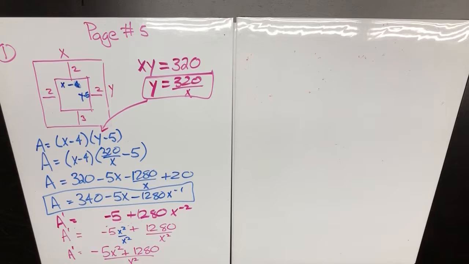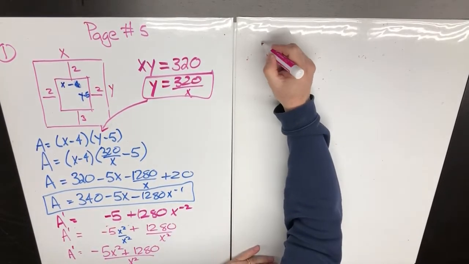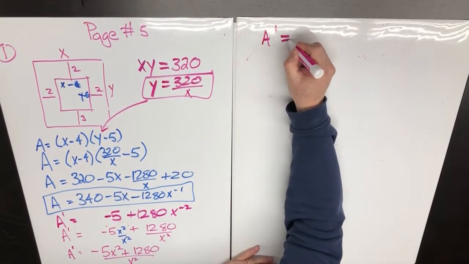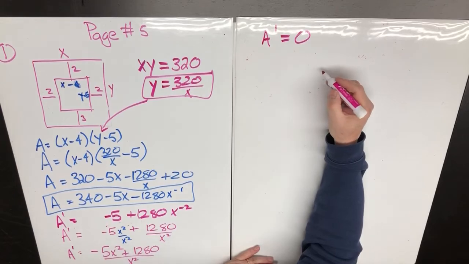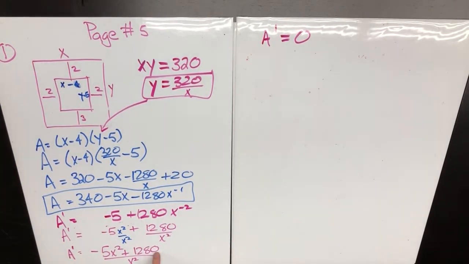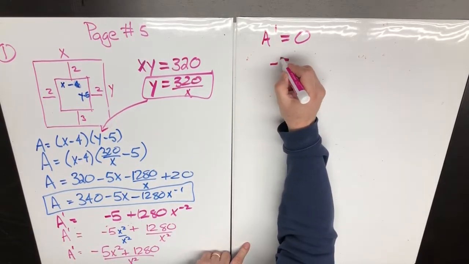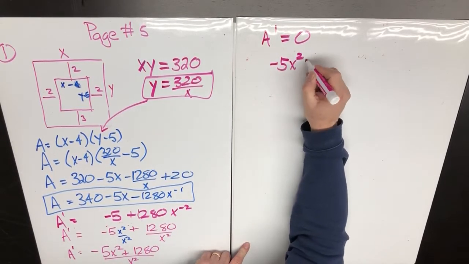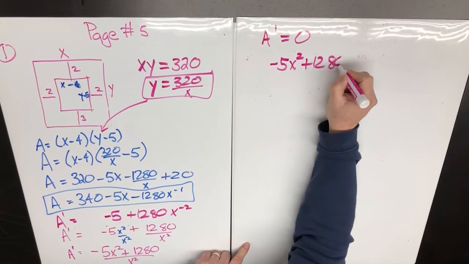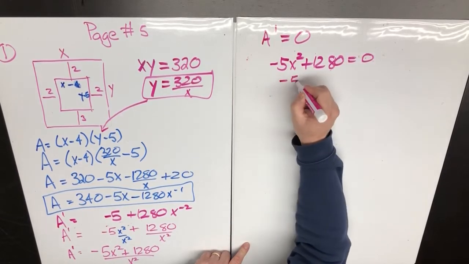So our job is now to take that derivative, A prime, and set it equal to 0. If we're going to set it equal to 0, we only need to worry about the numerator. So when does minus 5x squared plus 1280 equal 0?